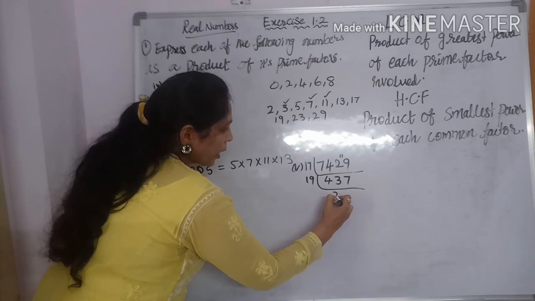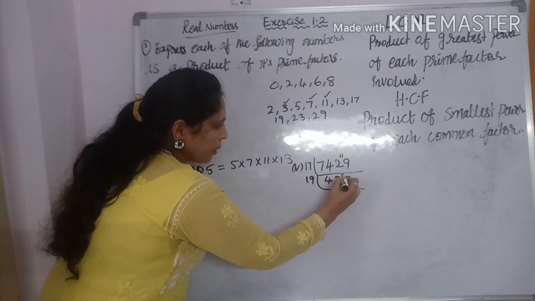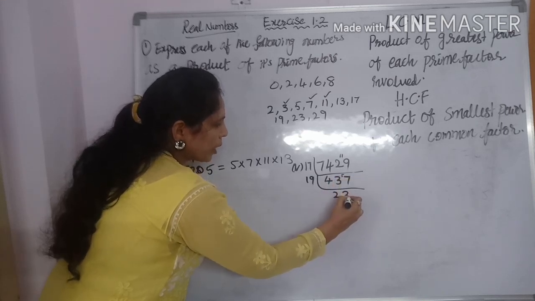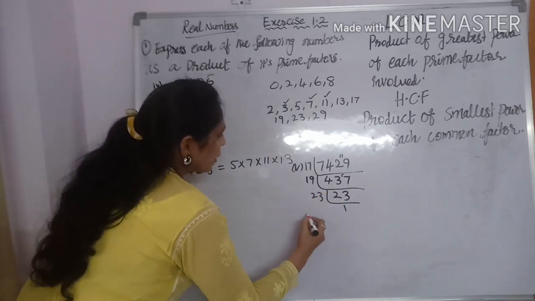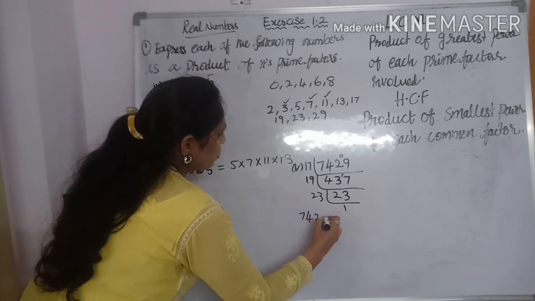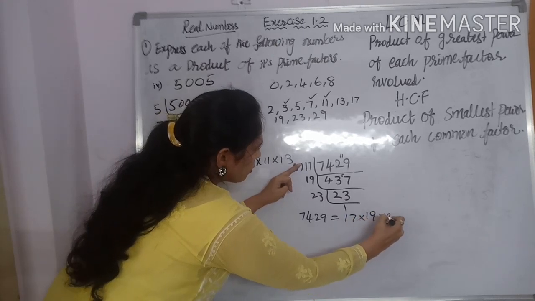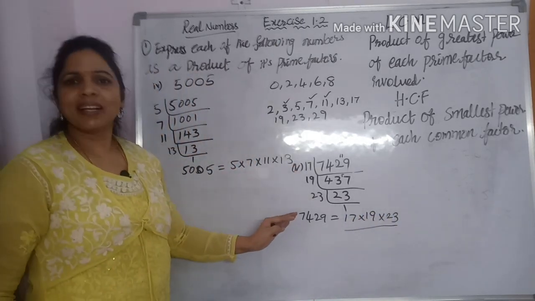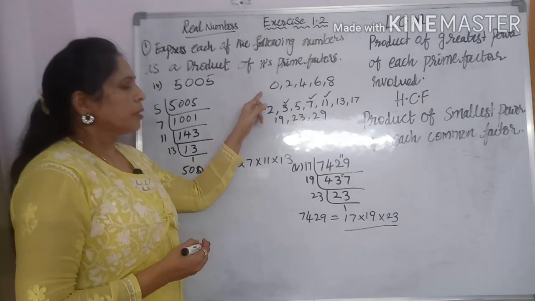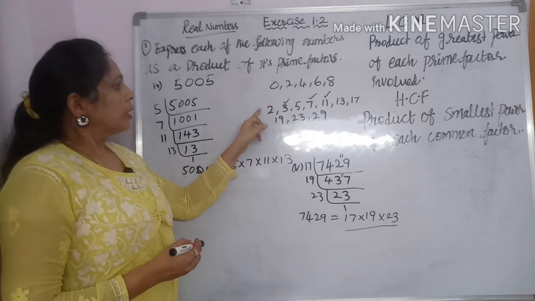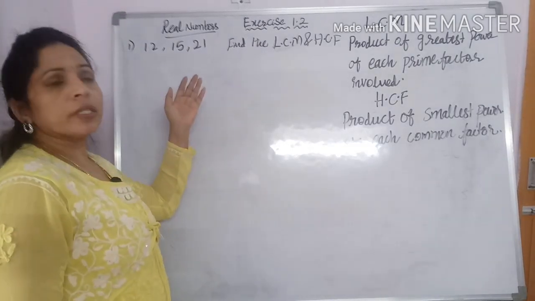Then we got prime number. So stop it. 7429 can be expressed as 17 into 19 into 23. Clear? Students, these are very simple. You should remember these prime factors as well as divisibility rules also. Now move on to the next question.